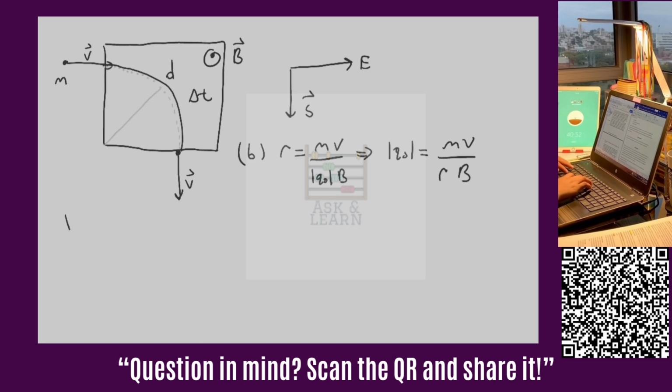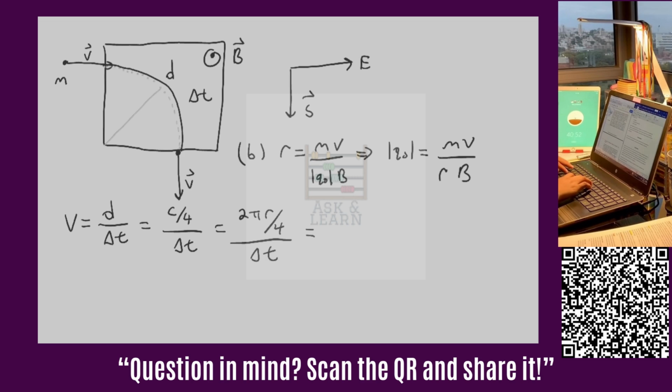We know that the velocity of the particle is going to be the distance the particle travels divided by how long it took to travel. But the distance it's traveling is only 1/4 of the circumference of the circle. The circumference of a circle is 2 pi r. Divide that by 4, and then divide that by delta t.